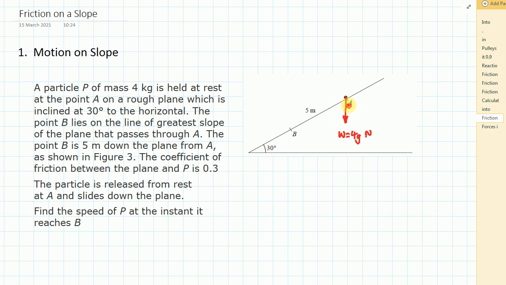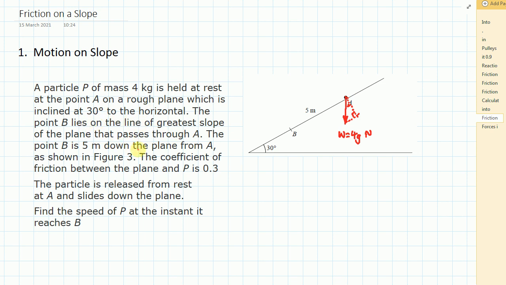Well, the 30 degrees is between the normal of the plane and the direction of gravity. This is the hypotenuse, so we get a right angle triangle. Straight down, that is the resulting force made of two components.